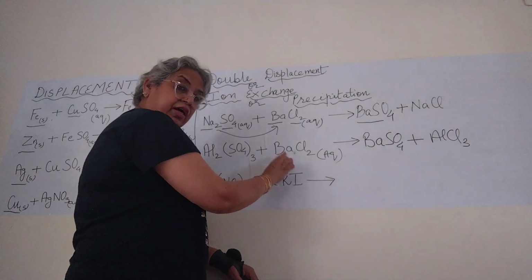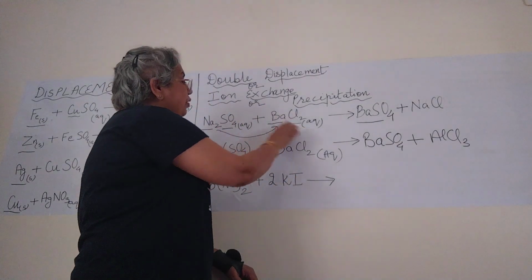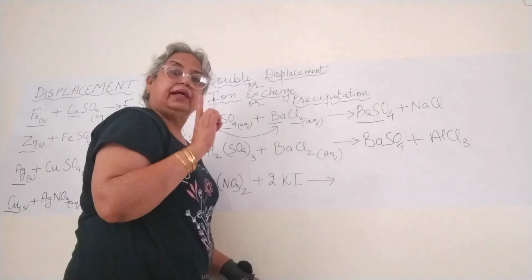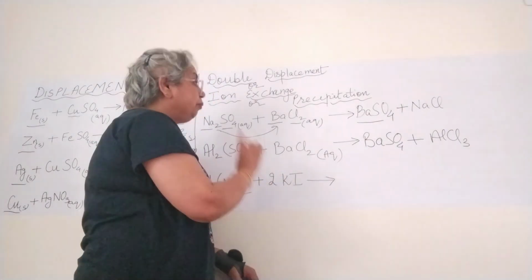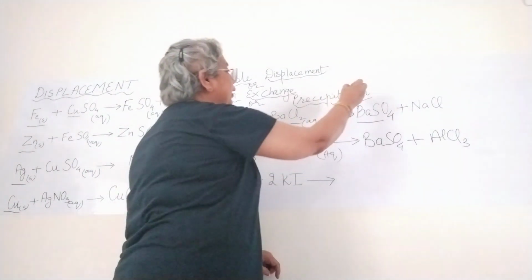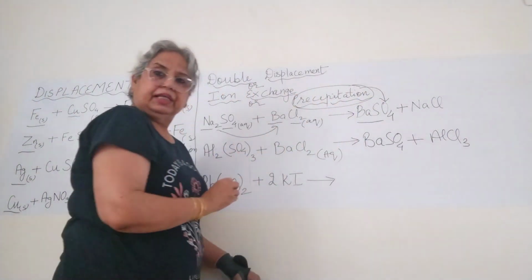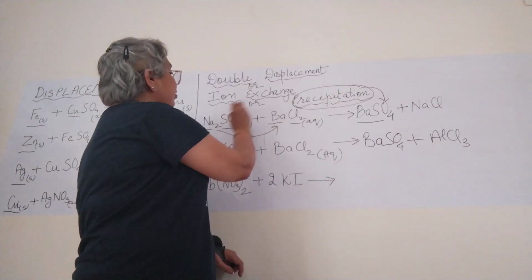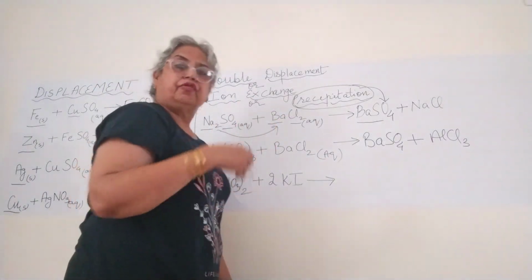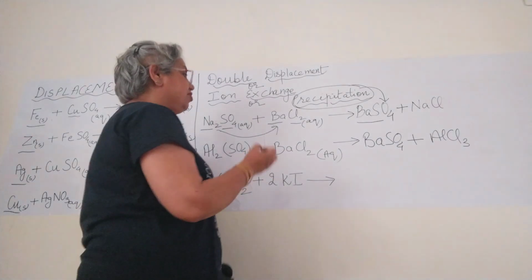These two are also transparent, colorless. And the first two are also transparent and colorless aqueous solutions. But after reaction, there is formation of precipitate, so called precipitation reaction. And as there is exchange of ions, therefore also called ion exchange.